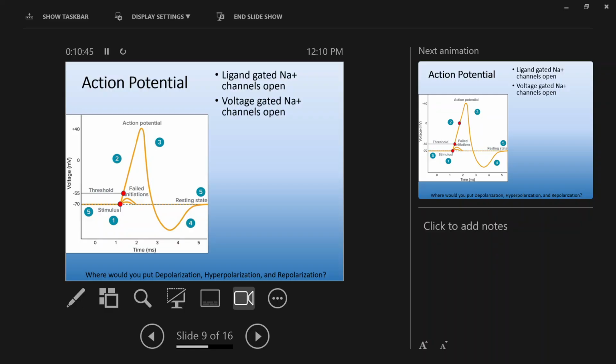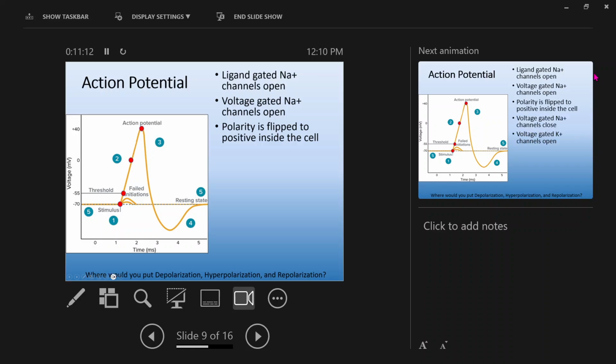All of these positively charged ions are coming in, and that's going to shoot straight up the side of my graph. So what word would we use here? Depolarization. Yep, depolarization goes there. And the description would be that my polarity is flipping. At this point, I have gone from negative to the positive.